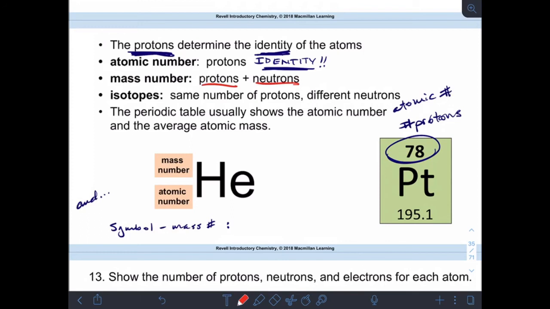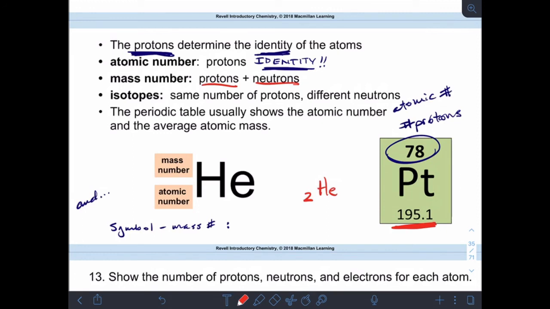So the periodic table usually shows the atomic number and the average atomic mass. That's usually this number down here. Right? And there are a couple of ways that we symbolize elements. So this big He with the mass number and atomic number, that's one way that we go about it. So if I were to write He and put in the numbers, the atomic number is the number of protons, so that's 2.